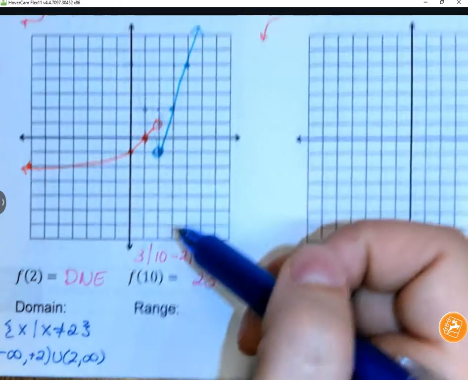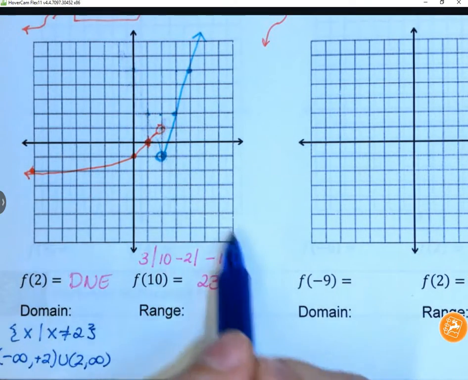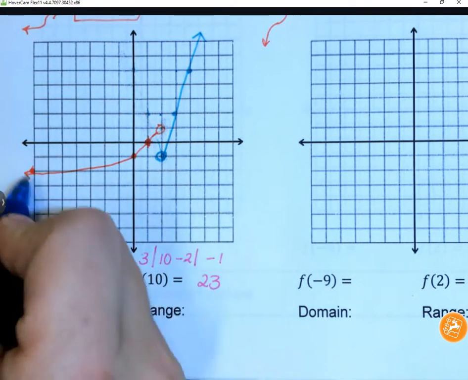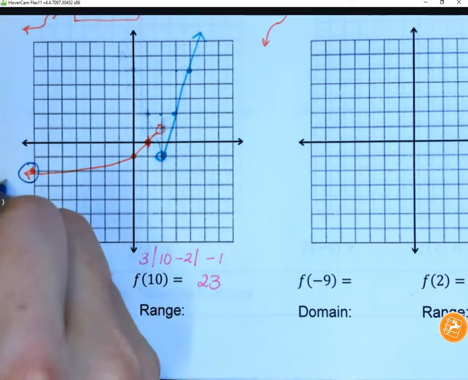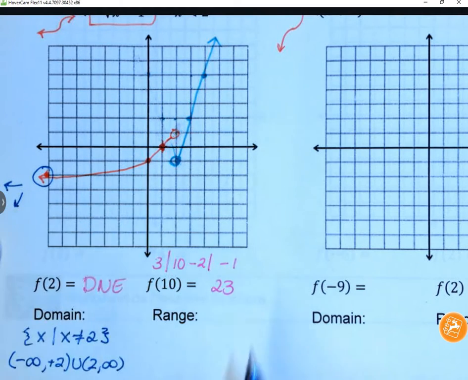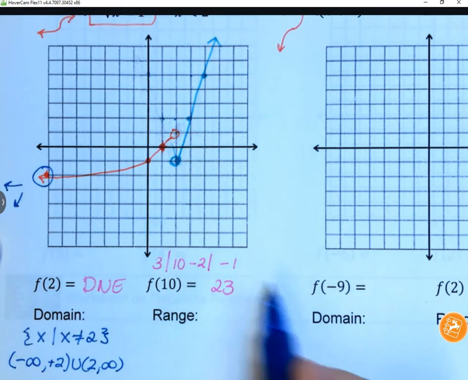The range. Does this graph go all the way down? Yes, because this little arrow here isn't just pointing straight left. It's pointing left and down at the same time. So it's going to take a long while to get down there, but it will eventually get down there. We'll go all the way to the top.